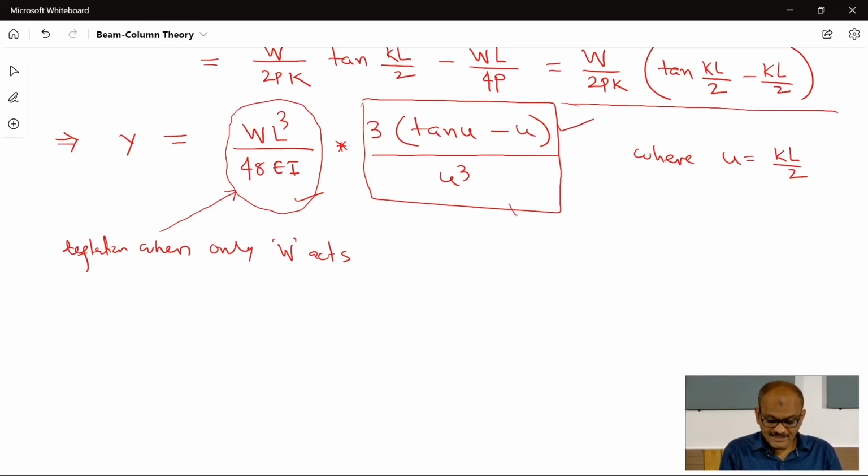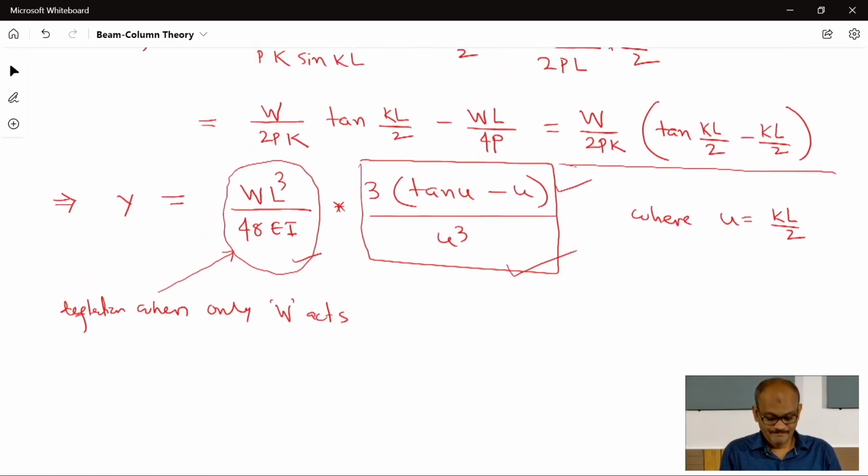So this is the amplification factor, the factor because of the axial load.